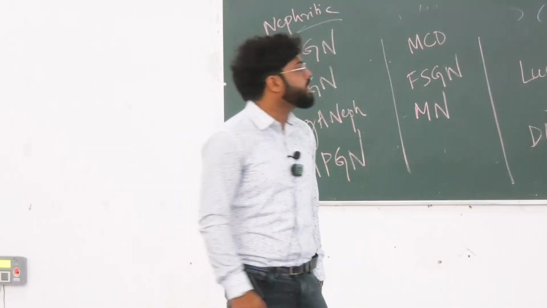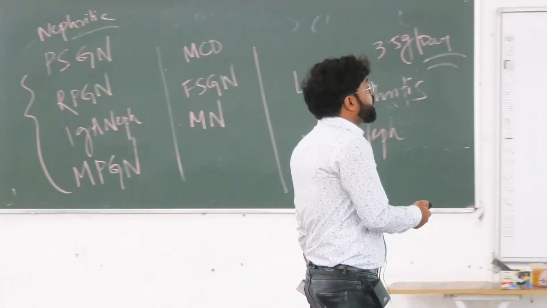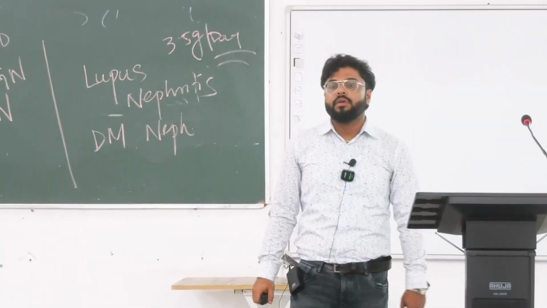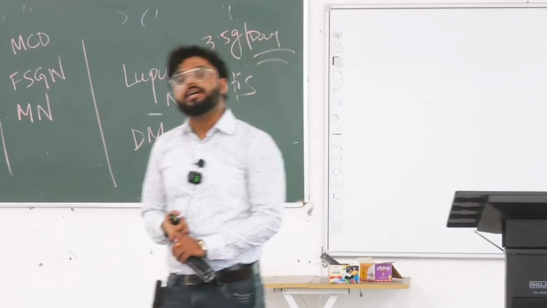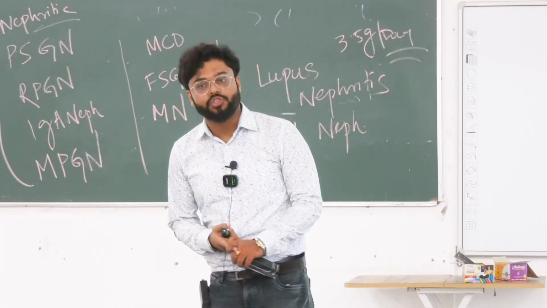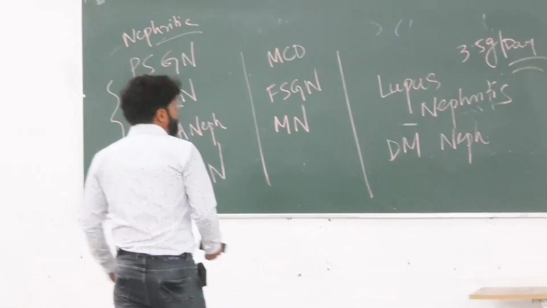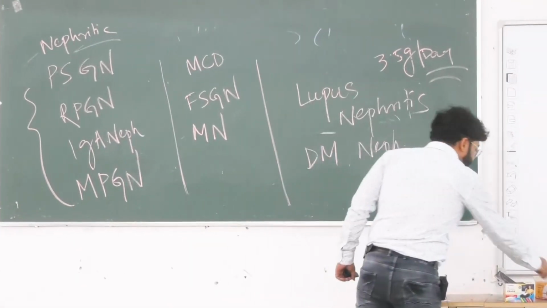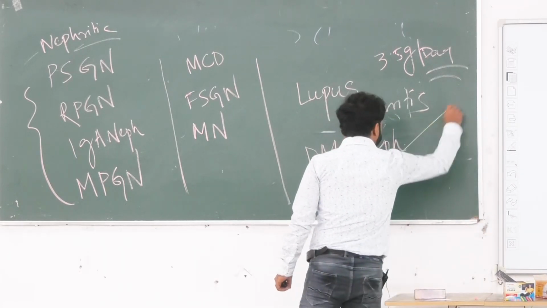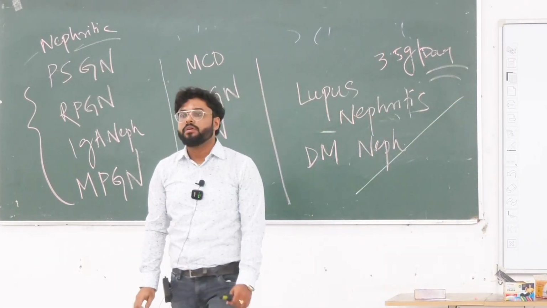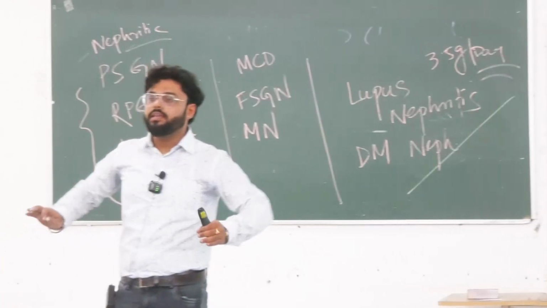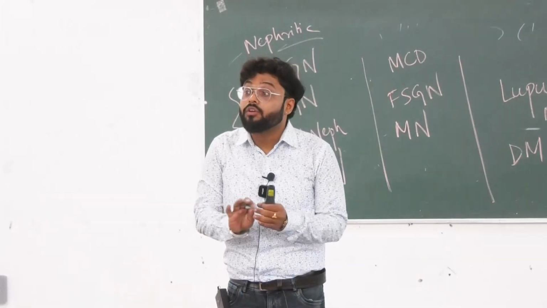Next, hematuria. Presence of frank RBC is known as hematuria, but there is a terminology known as microscopic hematuria. Microscopic hematuria means no RBC in urine at gross.